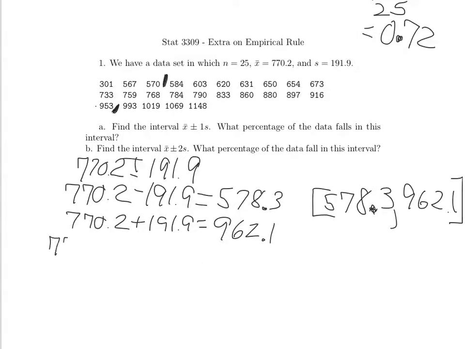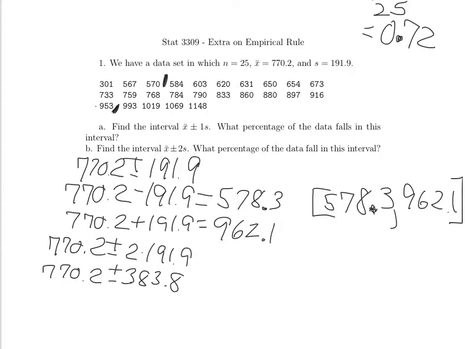So I'm going to have 770.2 plus or minus 2 times 191.9, and that's 770.2 plus or minus 383.8.